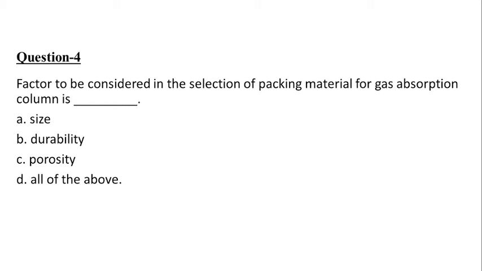So we know that all these factors are to be considered for selecting a good packing material for gas absorption column. So option D, all of the above, is the correct answer. Along with this, cost should also be considered for selecting a desired packing material for gas absorption.